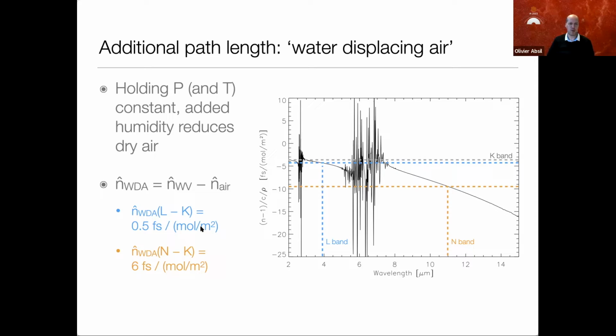And if you have 1 mole per square meter of column density of water vapor in the atmosphere, you will get an additional delay of 0.5 femtoseconds at L compared to K, an additional delay of 6 femtoseconds at N compared to K. And of course, if that is time variable, that creates aberrations.